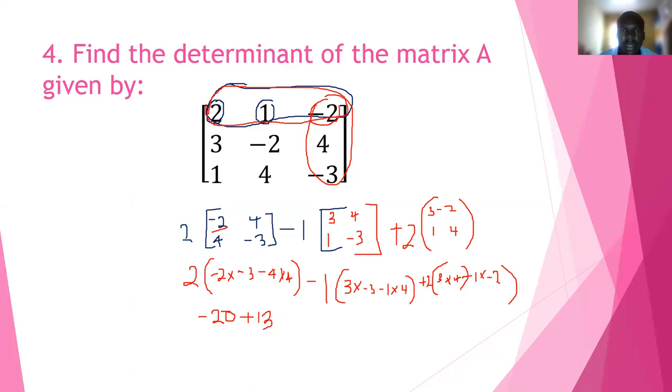Oh, sorry, there was a negative here, so here is also negative. So it will be the 14 that we have gotten multiplied by negative 2, which is negative 28.